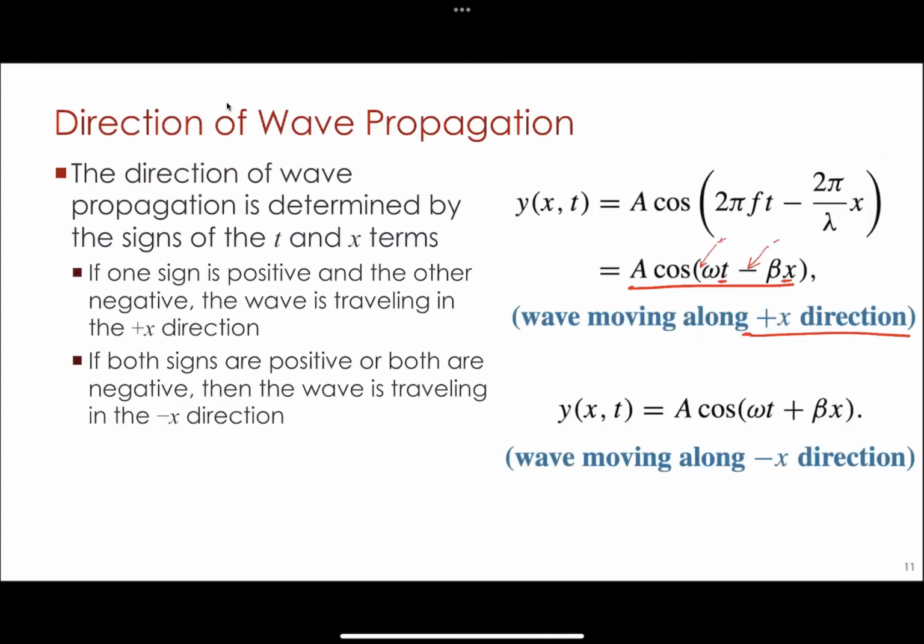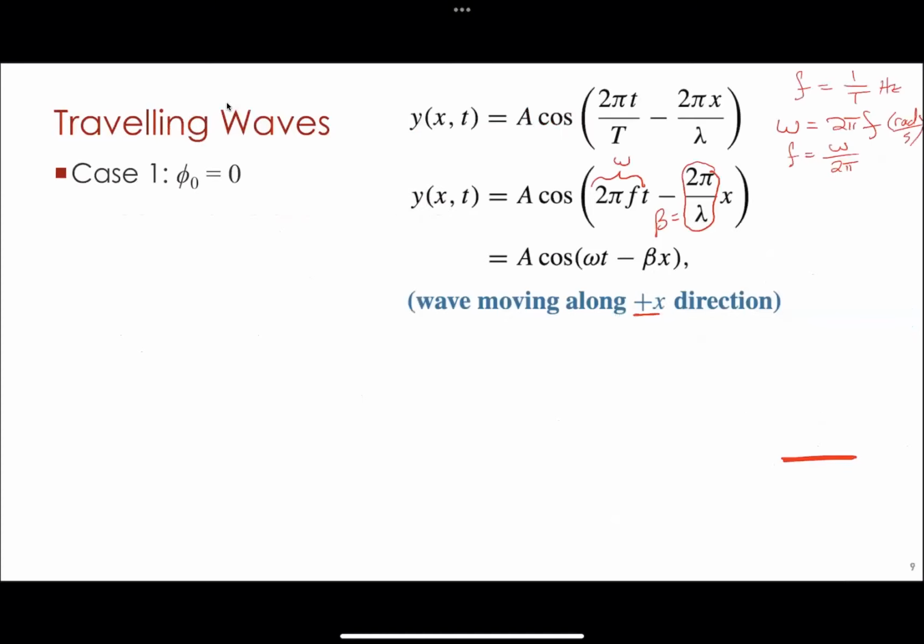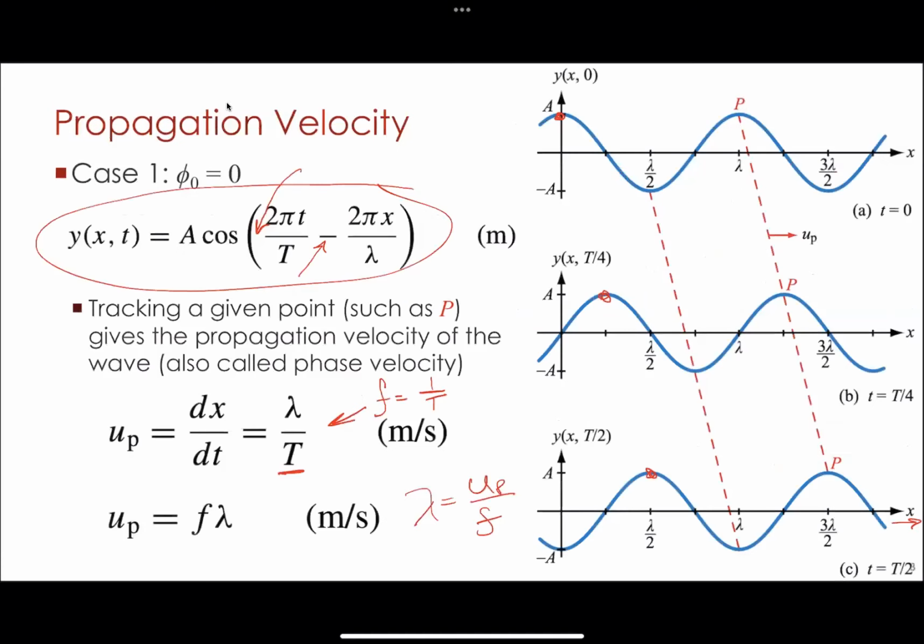Down below, I haven't proved this one, or at least it's not as obvious because we didn't draw out these waveforms. If you want to be fully convinced, and it would be a good exercise in general, you could do the exact same thing as these waveforms at the right here, but make this a plus sign.